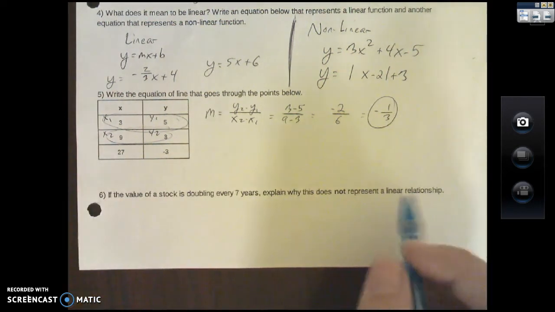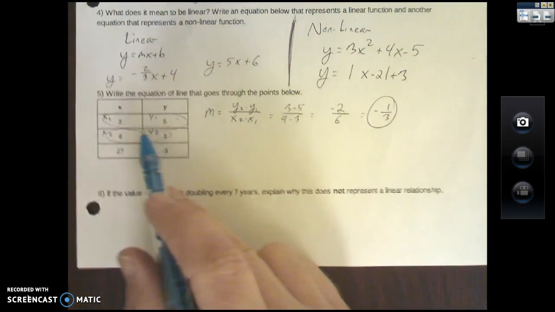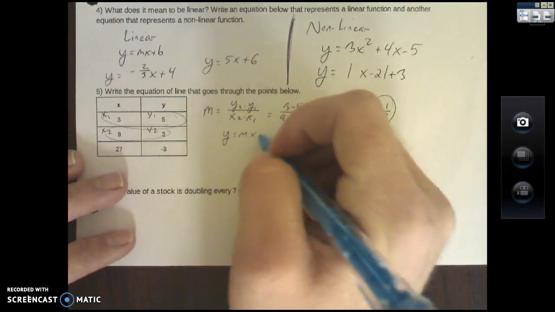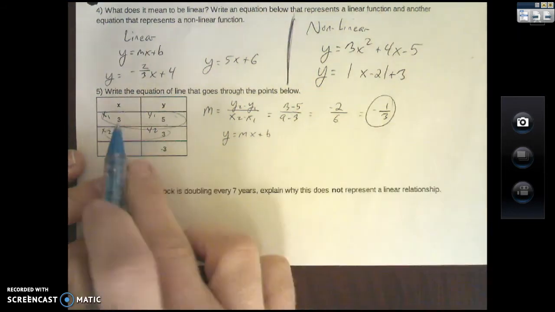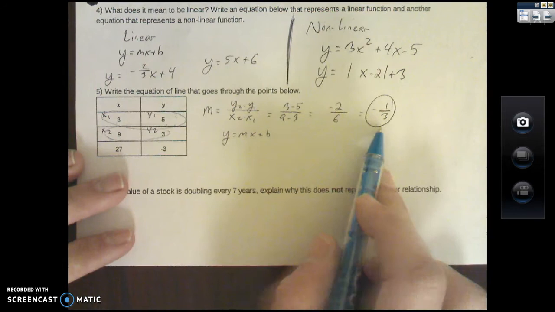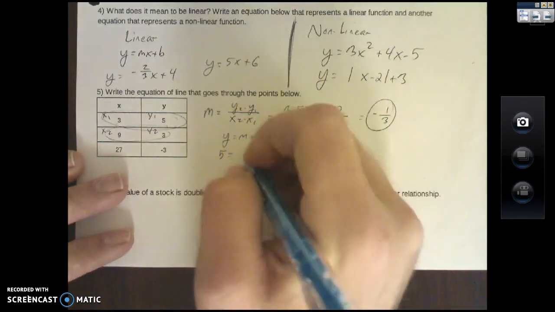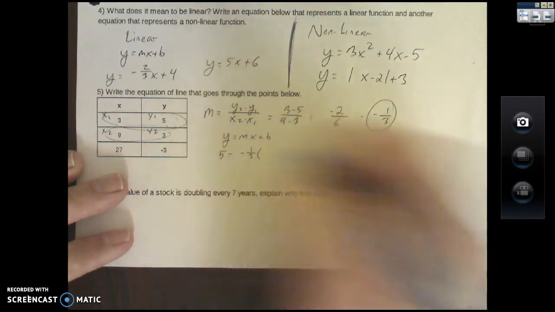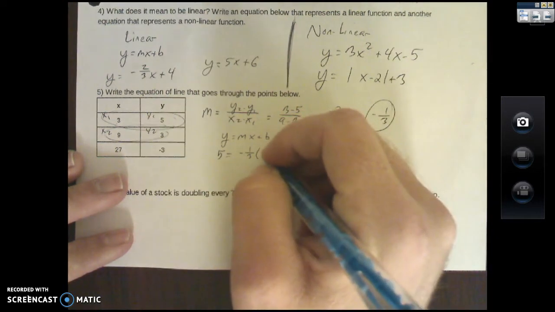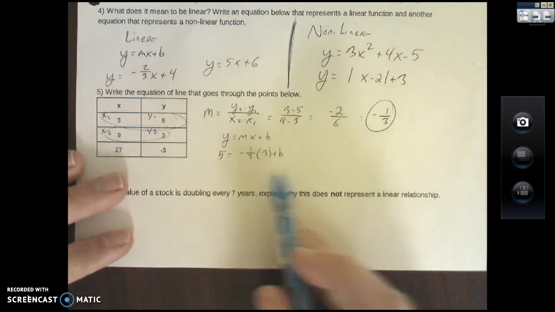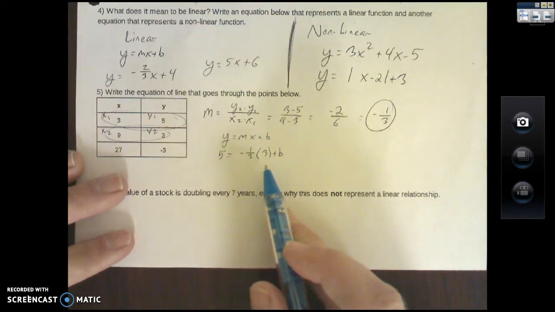Now I'm going to pick a point. Well, I'm going to pick the first point here. Okay. So y equals mx plus b. Here's an x, here's a y, here's my m. So for y, I put a 5 in. For m, I put a negative 1/3 in. For x, I put a 3 in, plus b. And I'm trying to solve for my b. Negative 1/3 times 3 gives me negative 1.